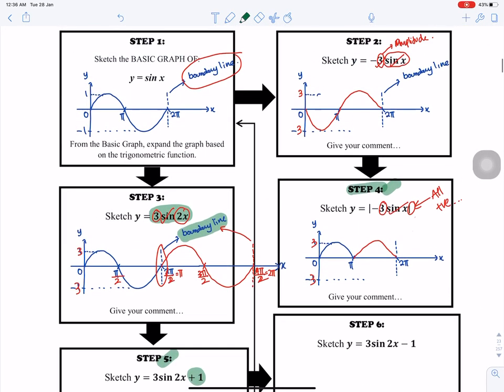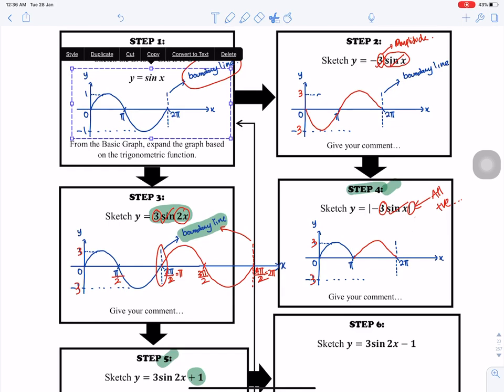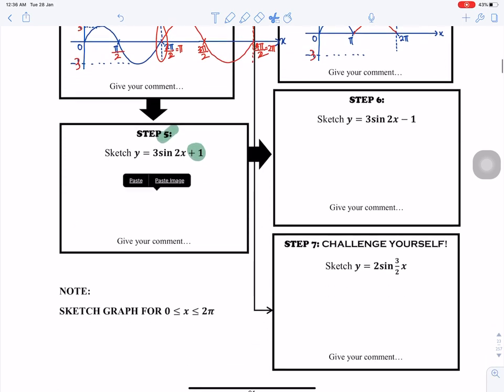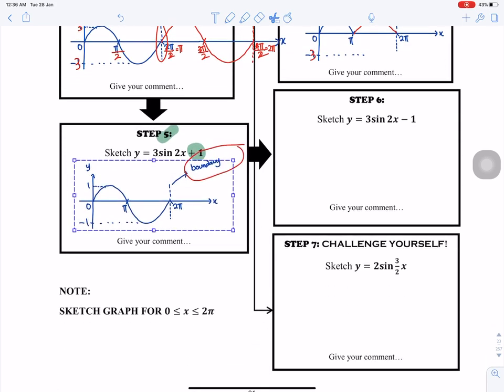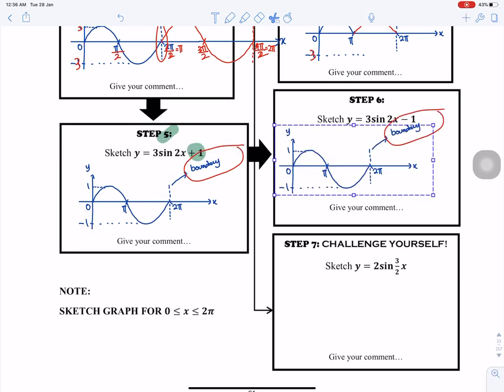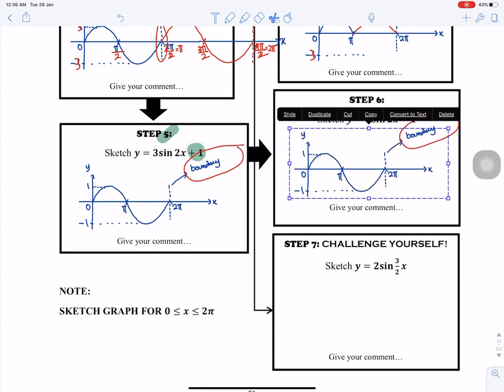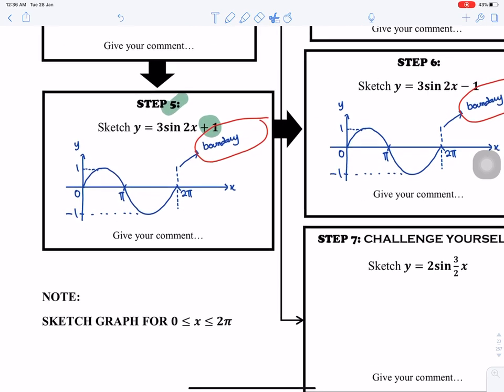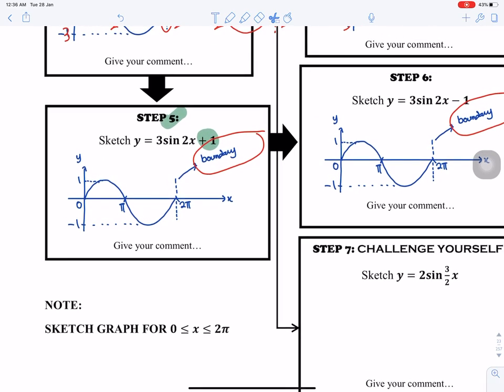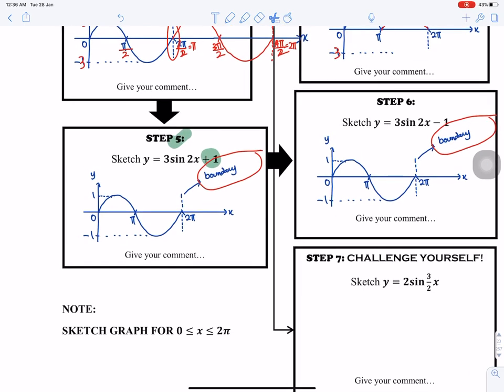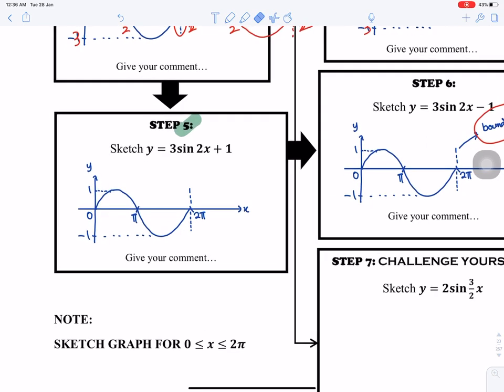So again, we copy the basic graph to this area as well as this area, so that we know any sketching of the graph of a trigonometric function is from the basic graph. It is the easiest way for you to sketch any function.